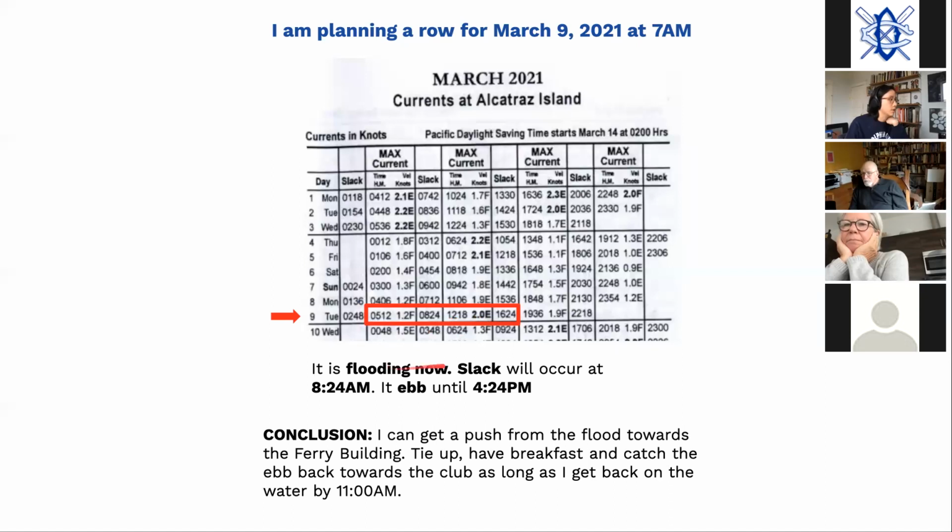So instead of rowing into a flood, I can take advantage of the flood, have it take me to the Ferry Building, tie up, have breakfast, hang out, wait for the tide to turn around, and have the ebb push me back to the club. So that would be an example of rowing near slack and taking advantage of the currents rather than doing the uphill-downhill kind of row.